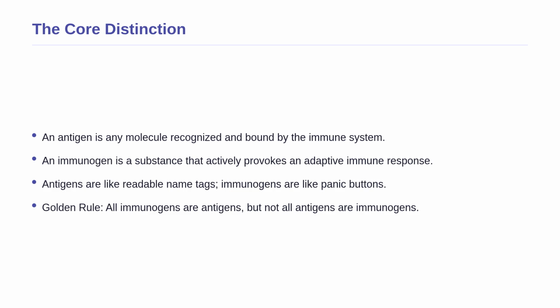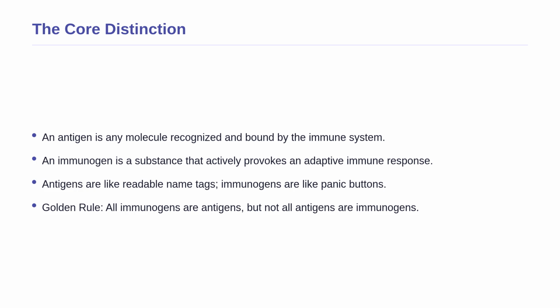To begin our journey, we must understand the core distinction between two terms that are often confused. Imagine a highly secure building. An antigen is like someone wearing a readable name tag. The security guards recognize them, but they do not necessarily sound the alarm.